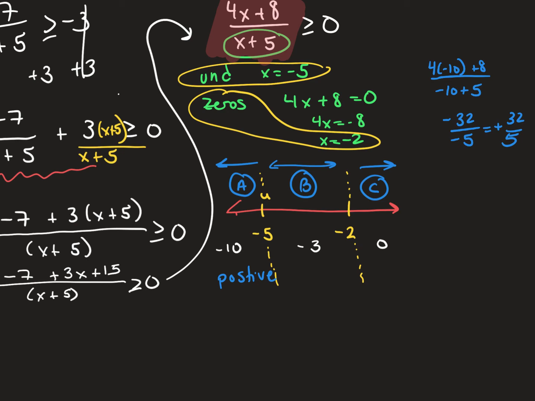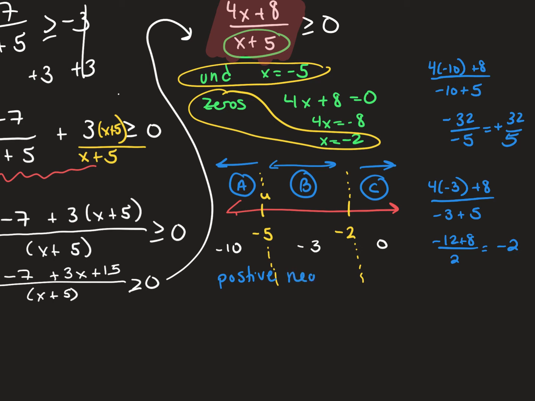Now for the second part, I'm going to do the same thing for negative 3. So I'll do 4 times negative 3 plus 8 over negative 3 plus 5. On the top, I'll get negative 12 plus 8 over 2, which is negative 4 over 2, which is negative 2.